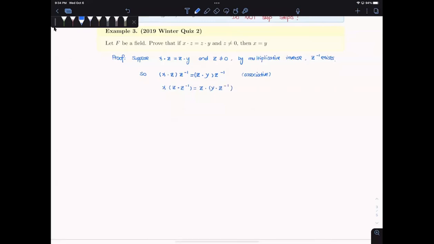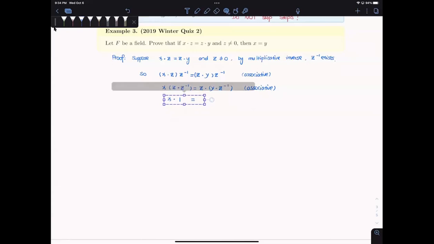Okay, so this is associative. So basically I just switched the order of my brackets, didn't do anything else. It's only associative. And then I know those two will give me 1, right? So I'm gonna make those two 1. So this is the same as x times 1 equals z.